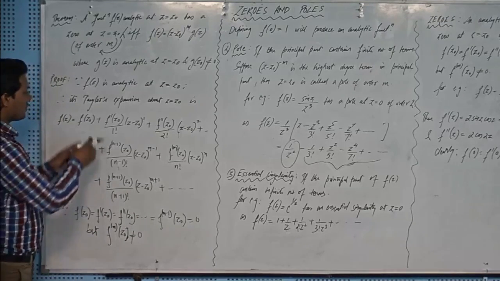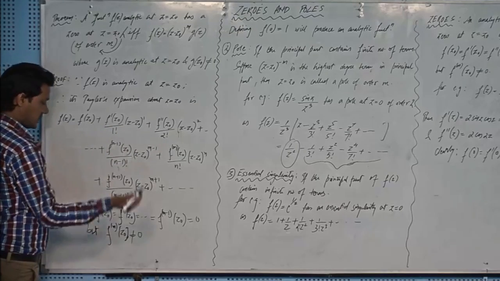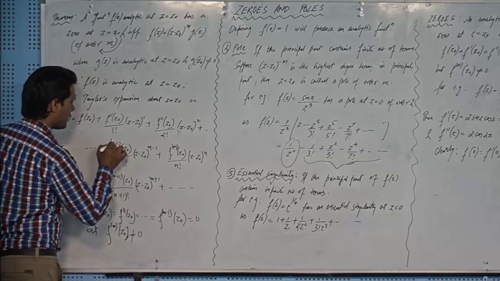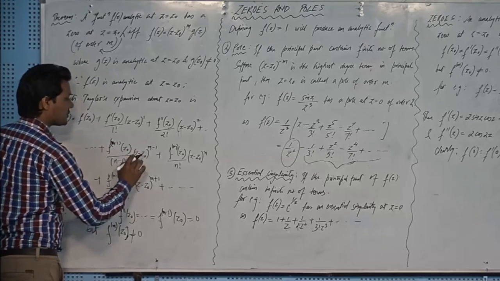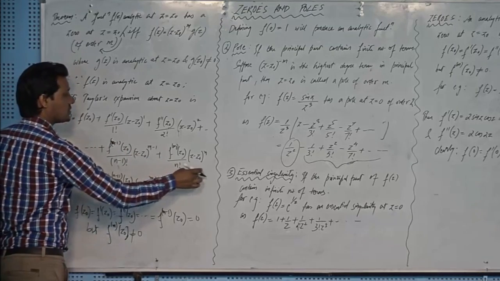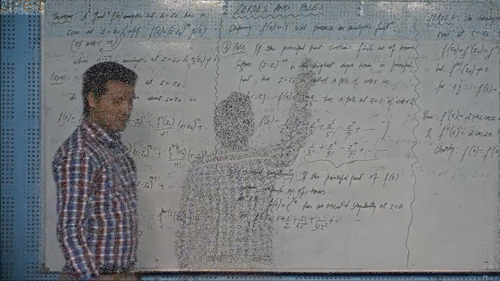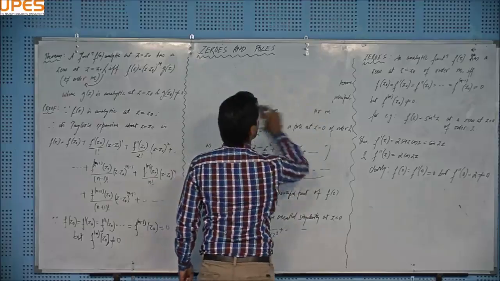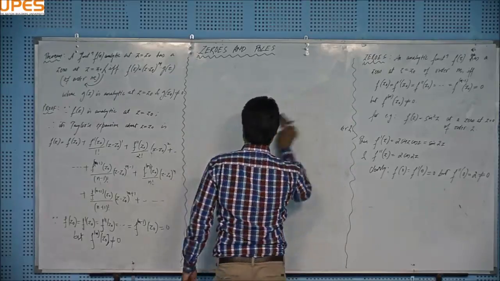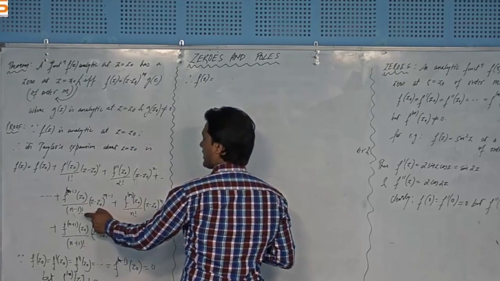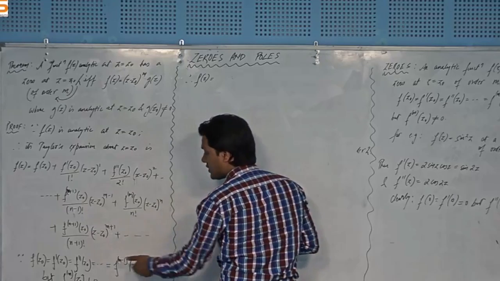So in that case, all of these terms up to m minus 1, up to this term, will vanish, and we will be having the mth derivative terms onwards. Therefore f(z) will become, all of these terms up to the (m minus 1)th derivative will become 0 due to this.